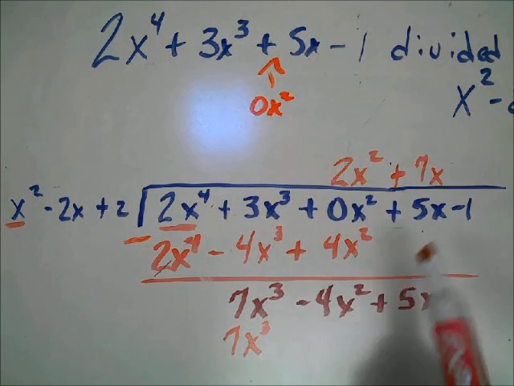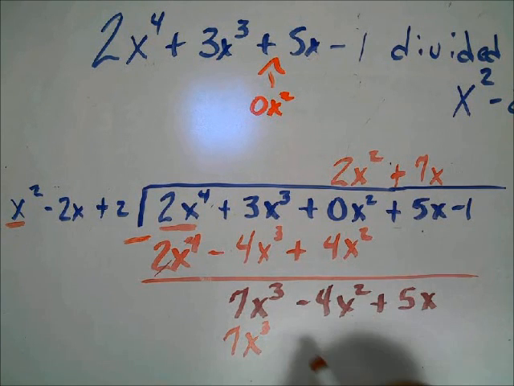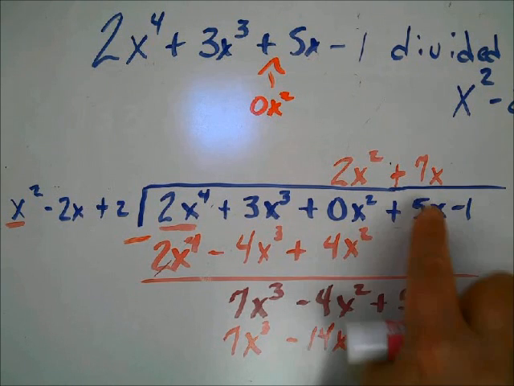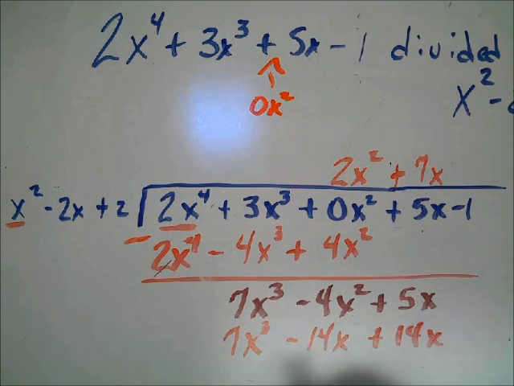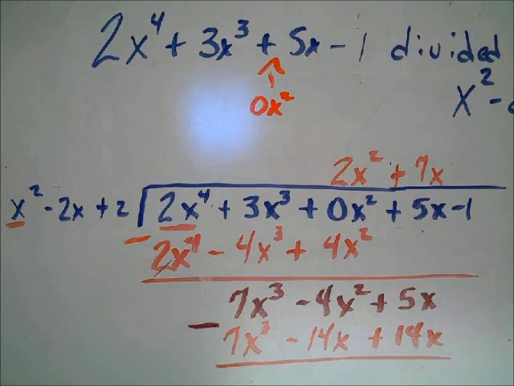And now I'm ready to subtract. And remember, this is the hardest part because you're going to have to think whenever you subtract a negative. So 7x cubed minus 7x cubed is 0. That's good. We want that term to cancel out. Negative 4 subtract negative becomes plus a positive.